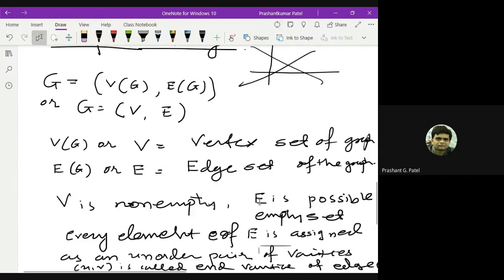Every element of E is assigned an unordered pair of vertices. It's not necessarily 2, it may be many also, but it is always an unordered pair of vertices, and that unordered pair is called the end vertices of the edge E. All this together forms a graph.